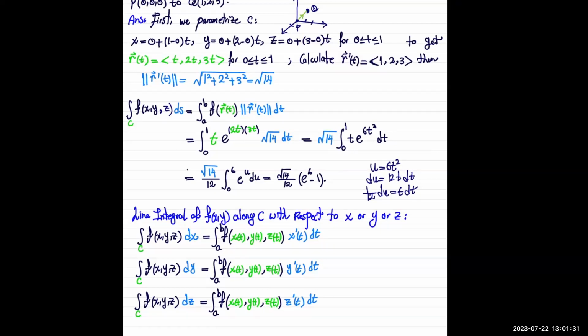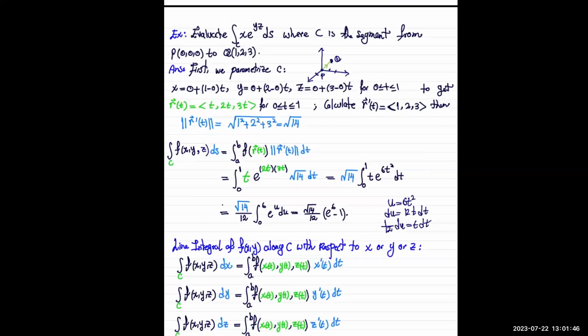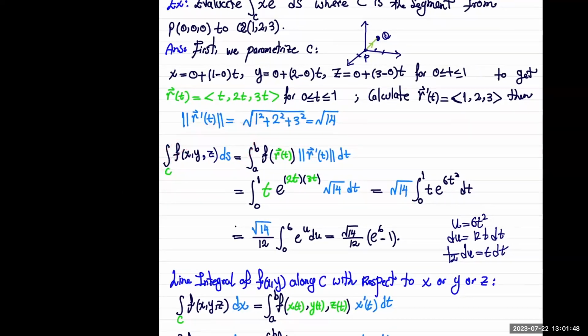All right, now we can modify the line integral a little bit here. We've been looking at the line integral with respect to arc length. This is a ds. You are partitioning the arc length. We can likewise do a line integral with respect to x, or with respect to y, or with respect to z.